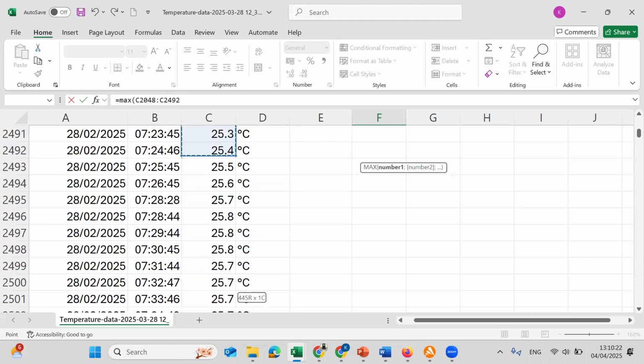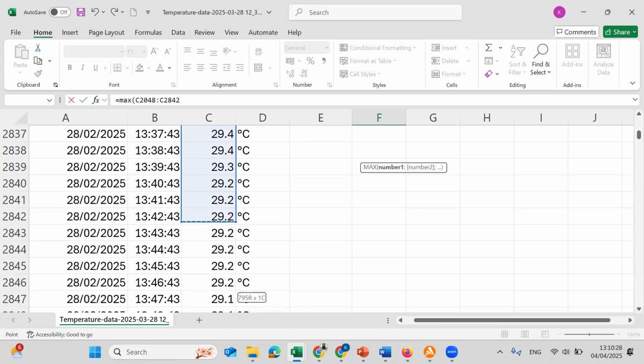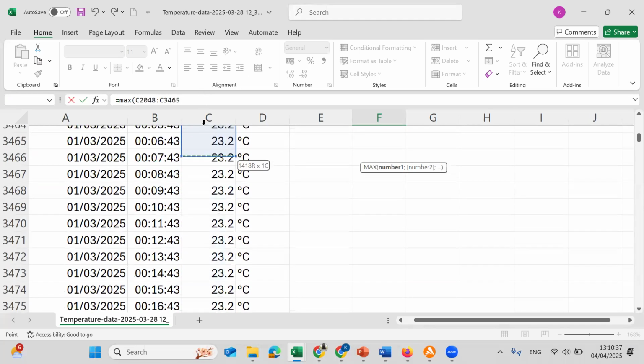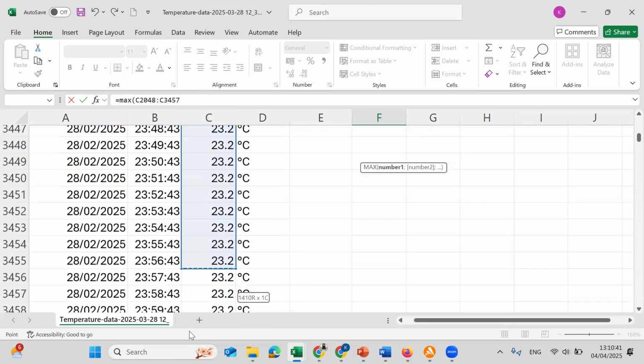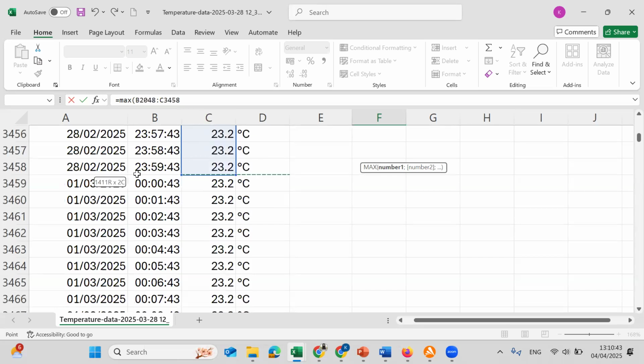So we have to take the last cell. This is still 28. Okay, sorry, we've passed it. 28 is until here. So start here and give the parenthesis.